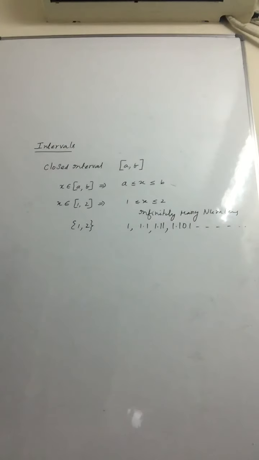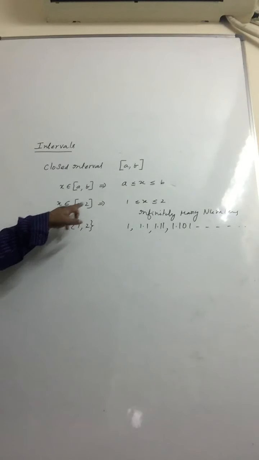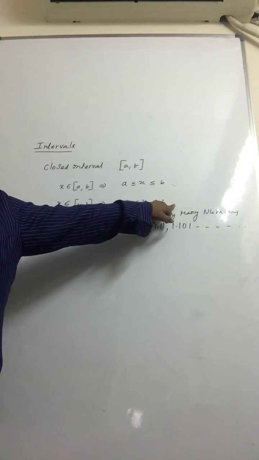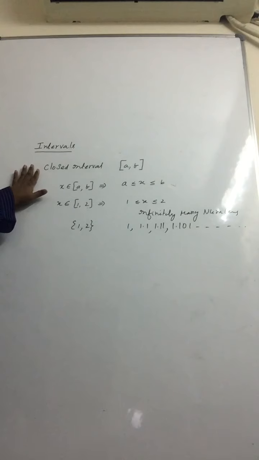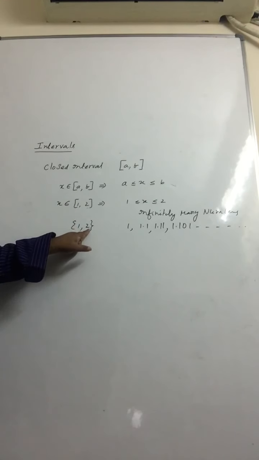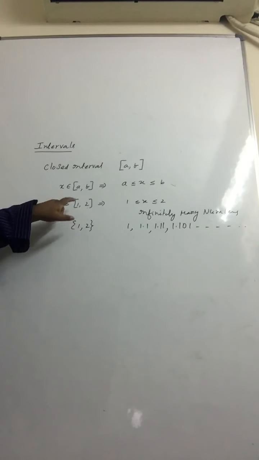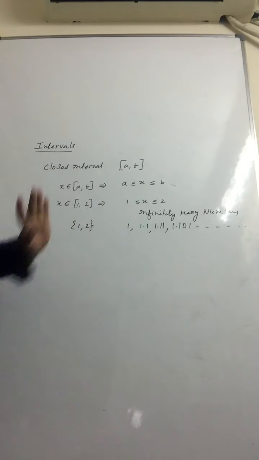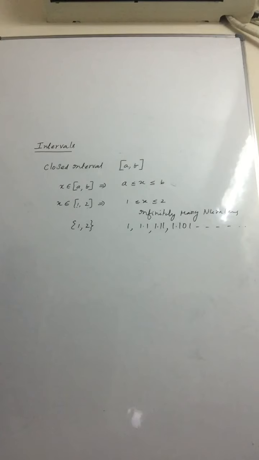They are all the numbers, including the boundaries 1 and 2. So we call it a closed interval. The difference: a flower bracket means it's a finite set with only two elements, whereas a closed interval has infinitely many elements, including boundaries.